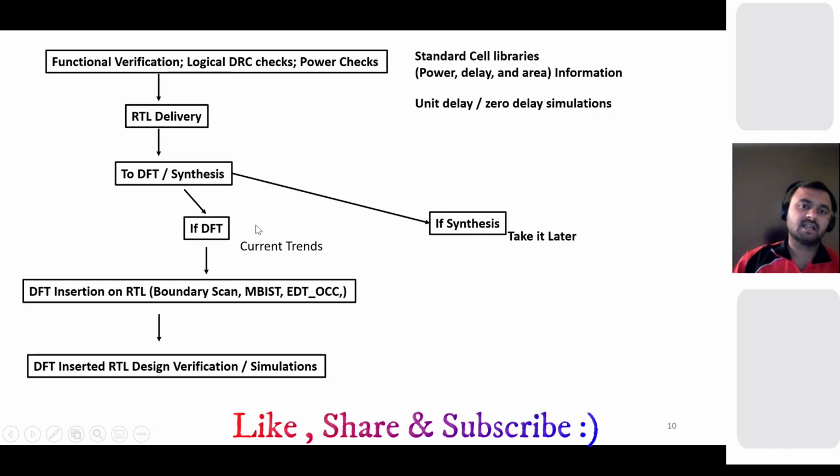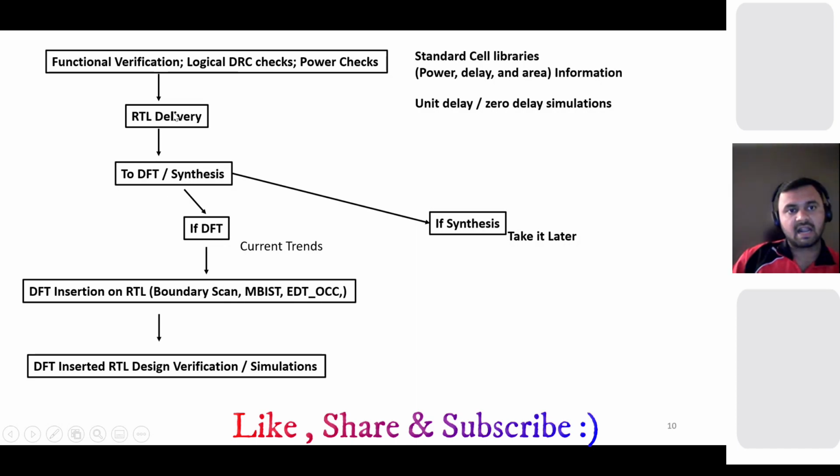But now in current scenarios, we are giving this RTL design to the DFT team. So we insert all the DFT logic at the RTL itself to save time and other things, because in synthesis it is difficult. We'll discuss more in detail later, but just to understand the flow here.